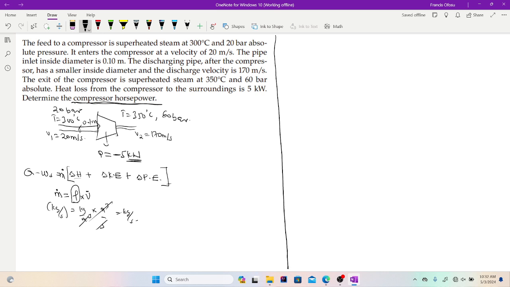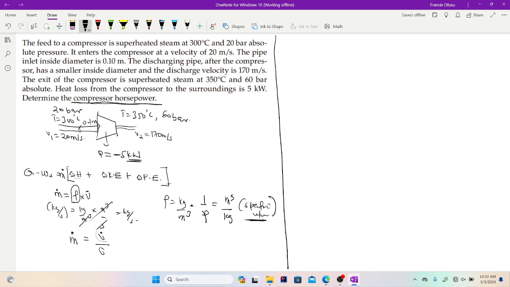We know that density is kilogram per meter cubed, and 1 over density gives meter cubed per kilogram, which is specific volume. From this specific volume, we can read from the steam table. So our mass flow rate is equal to our volumetric flow rate divided by our specific volume.